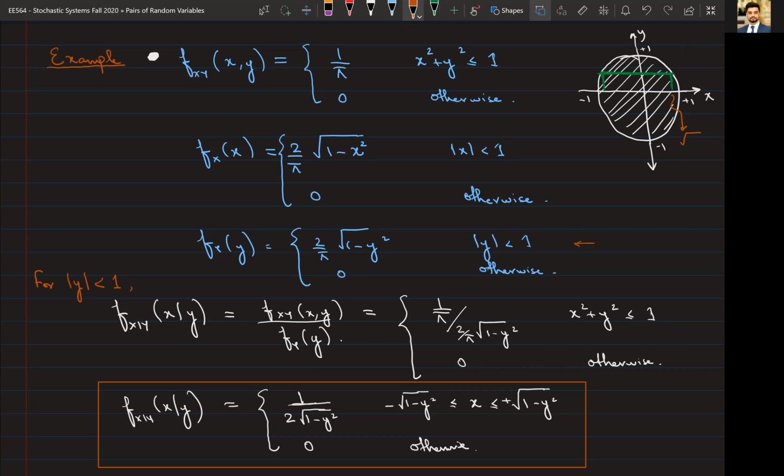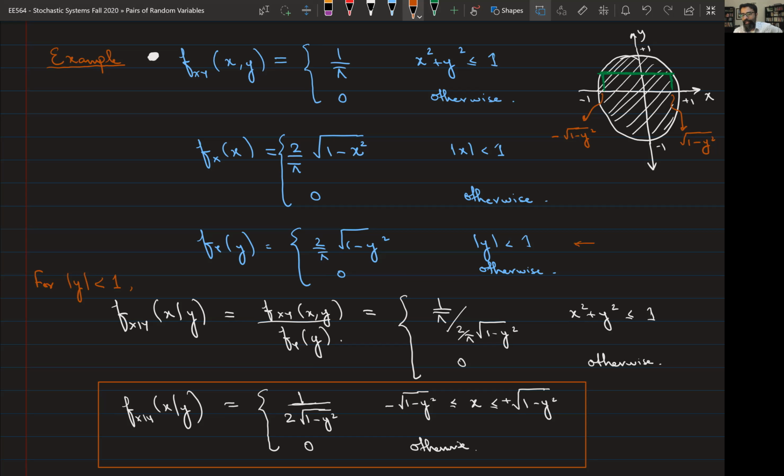Let's make this a little more general: √(1 - y²). And what is this value here? This is minus √(1 - y²). Okay? And x is uniformly distributed between these two values.